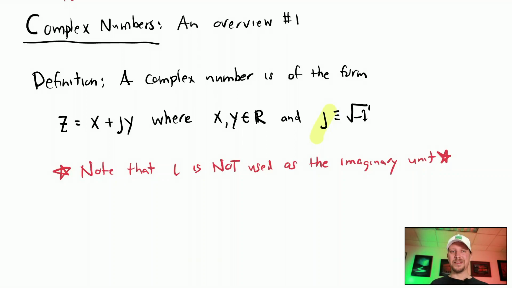If you studied this in high school or in some other class, chances are you used i rather than j. We have a very, very good reason for this. i has already been reserved to stand for current. We do not want to confuse current with the complex number unit.